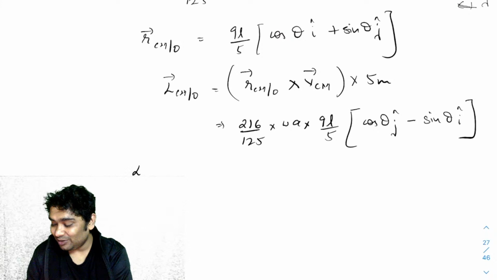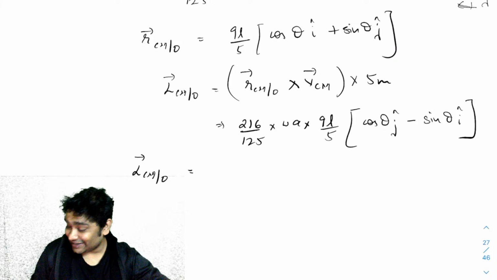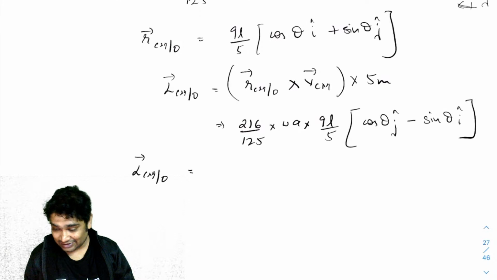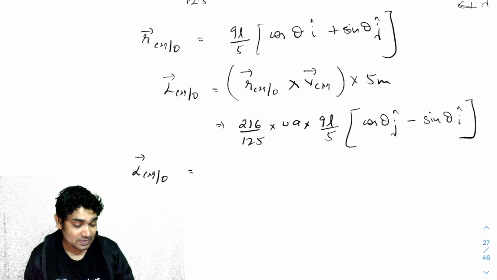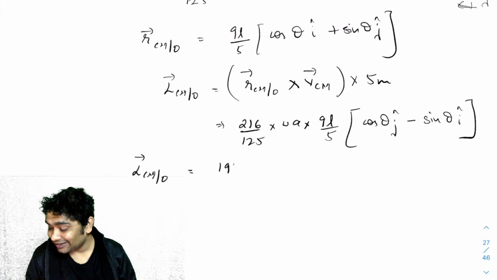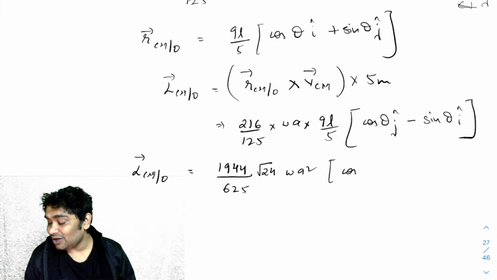So angular momentum of CM with respect to O, that would be 9 into 216. Okay, so let's try and sort this out. 216 into 9, which is 1944 over 625 into root 24 omega a square times cos theta j cap minus sine theta i cap.